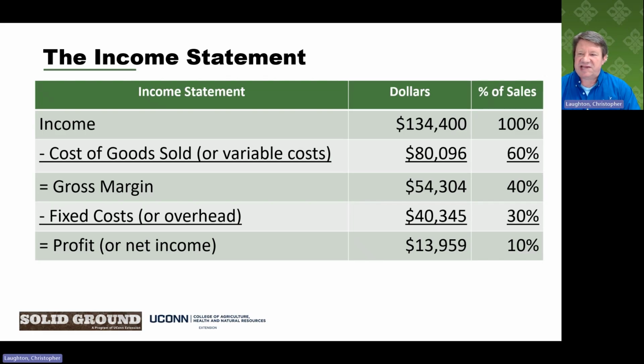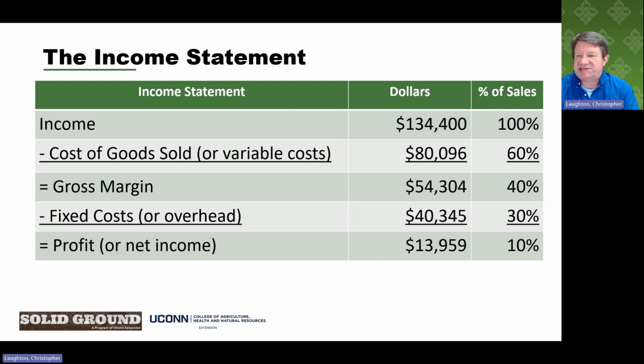So our overhead in this case, and the owner draw is included in the overhead in this example, came to $40,345. And then the profit or the net income was just under $14,000, or roughly 10% of total revenue. We can see the percent of sales on the right column. So we start off with 100% because by definition, the income is 100% of sales.